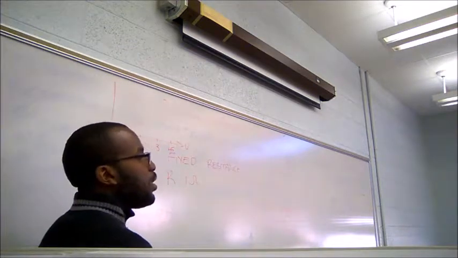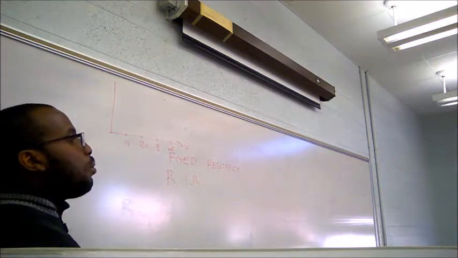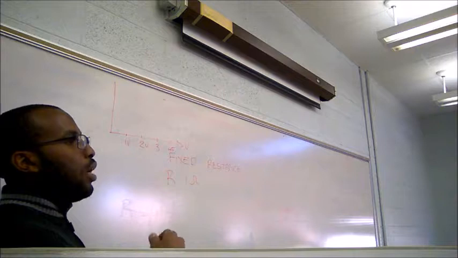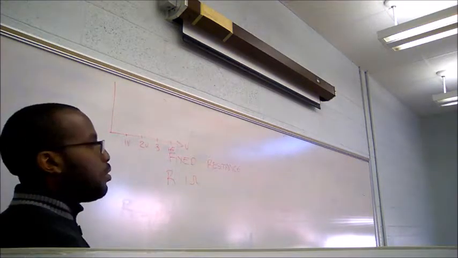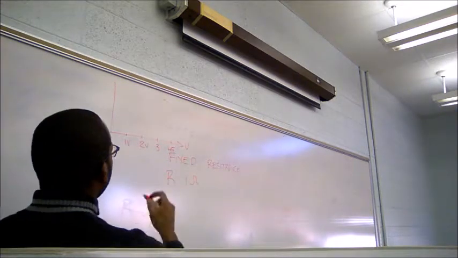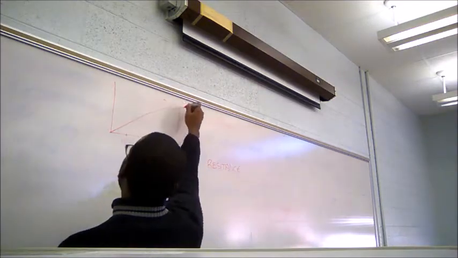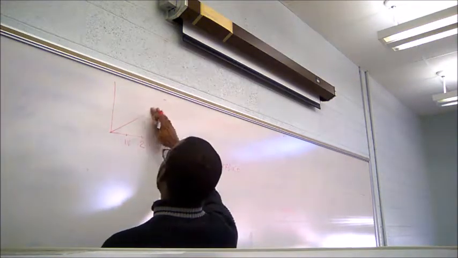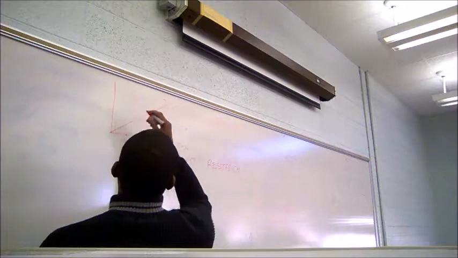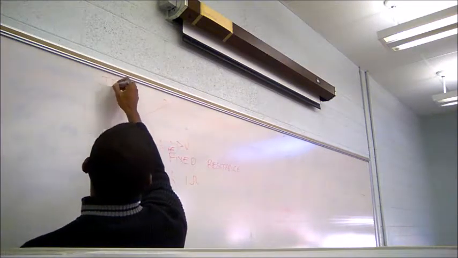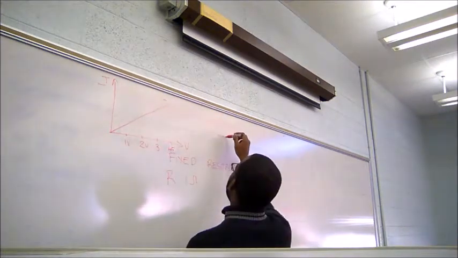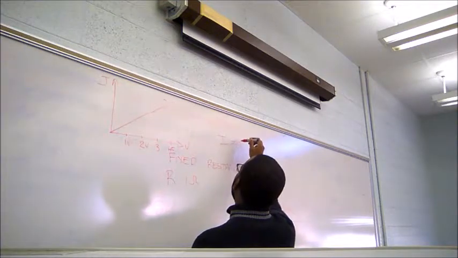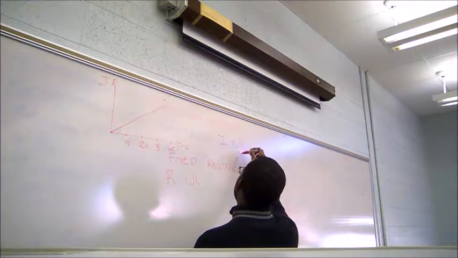We're going to notice that the current across our component also increases, directly proportional to the voltage. Let me show you the equation for Ohm's Law. Ohm's Law tells us that current is equal to voltage over resistance.